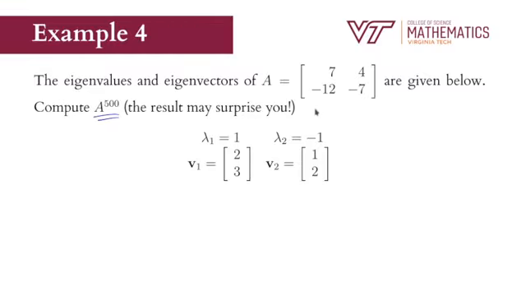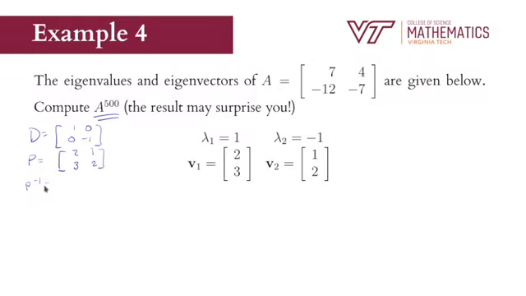So we know from the information that we're given that the diagonal matrix looks like 1, 0, 0, -1. The P matrix is, let's see, 2, 3. That eigenvector goes with 1, and this eigenvector goes with -1.